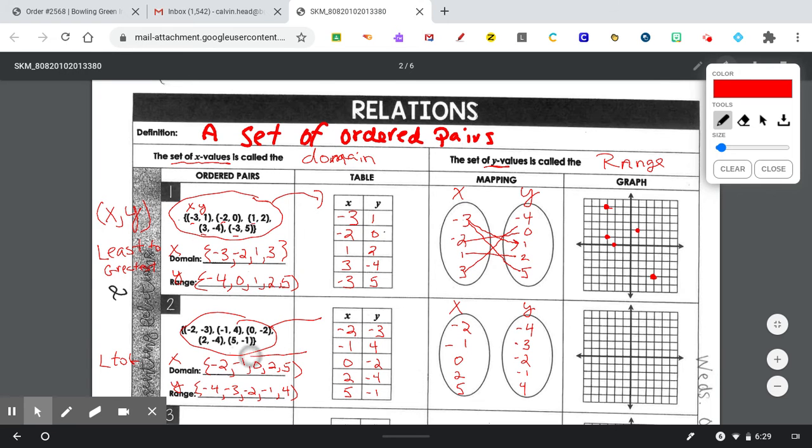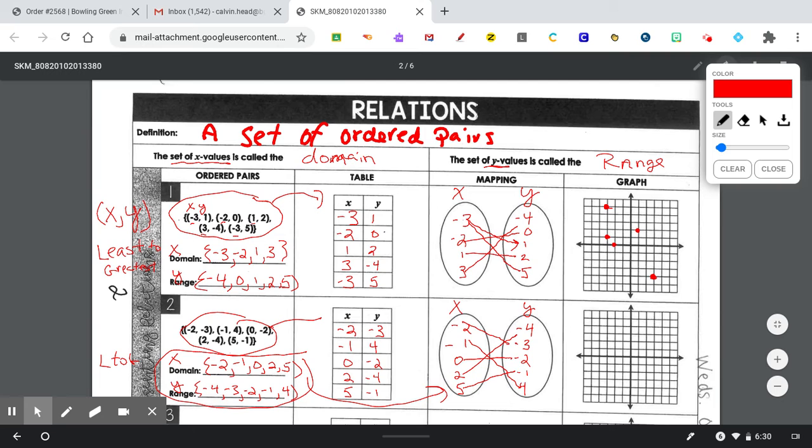It'll help you. Then I just have to match them up. So -2 goes to -3. -1 goes to 4. 0 goes to -2. 2 goes to -4. And 5 goes to -1. So now they're all matched.